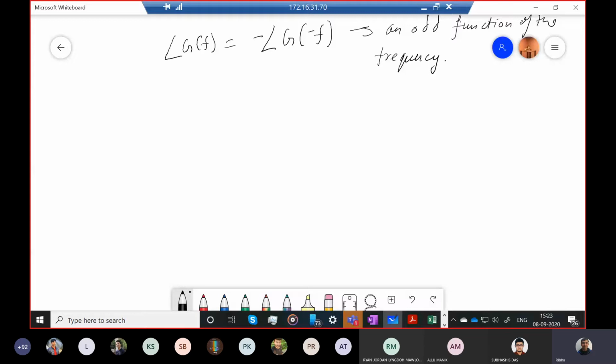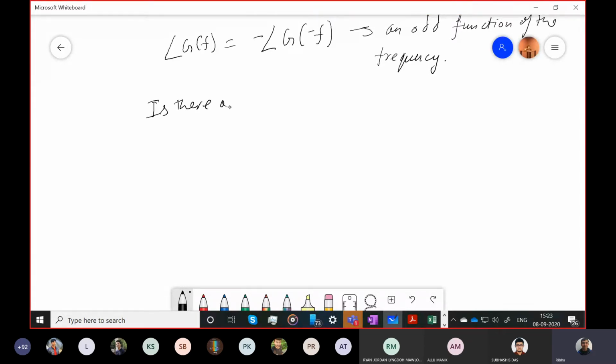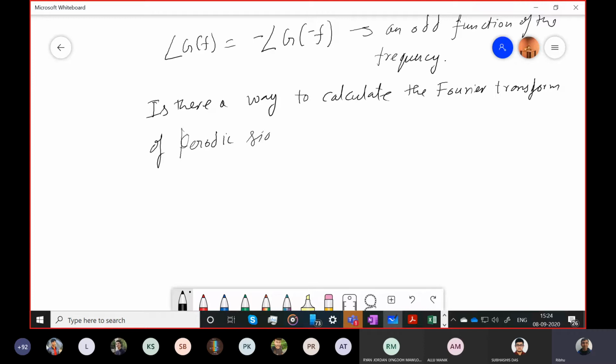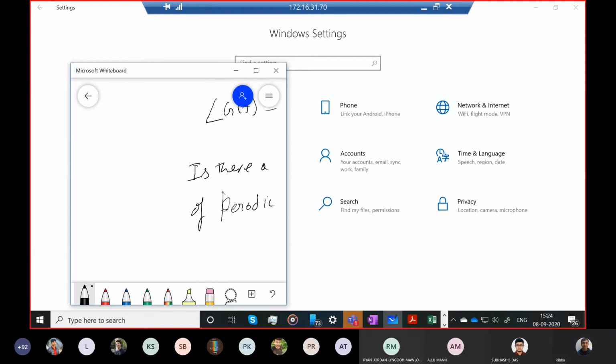So the question that I want to ask is: is there a way to calculate the Fourier transform of periodic signals? Can someone tell me?